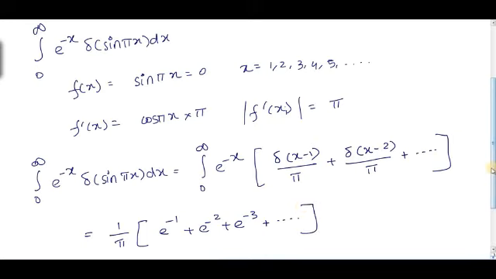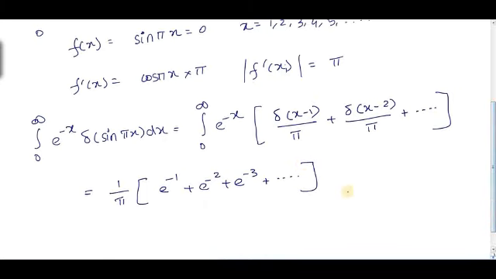Again it forms a GP, so I will use the same formula. Here a is e power minus 1 and r is also e power minus 1, so a divided by 1 minus r, I will get this one.